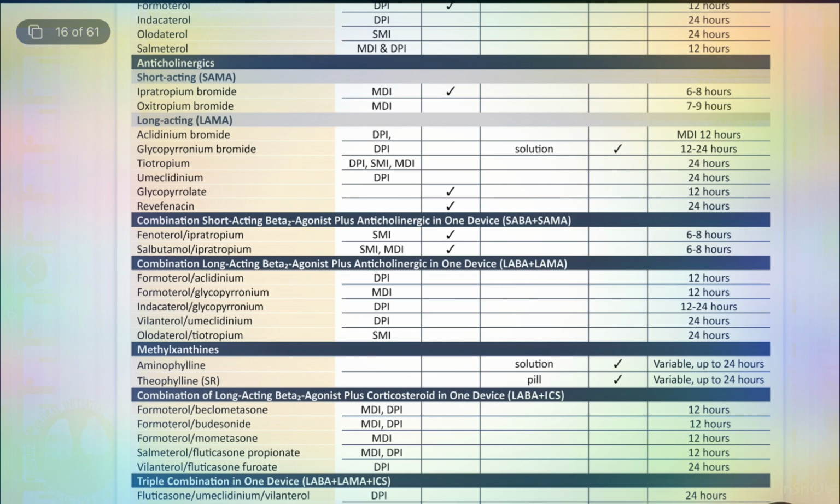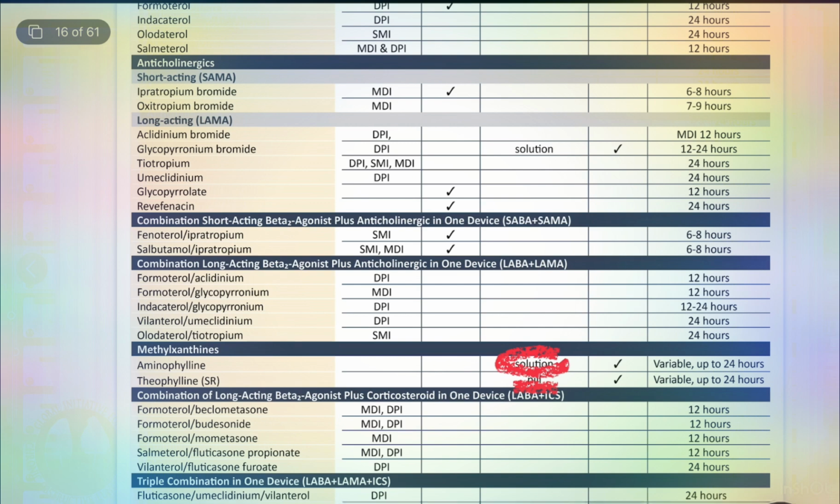Then comes methylxanthines. These are aminophylline and theophylline. They have variable duration of action and act for up to 24 hours. Aminophylline is available in solution while theophylline is available in pill form.